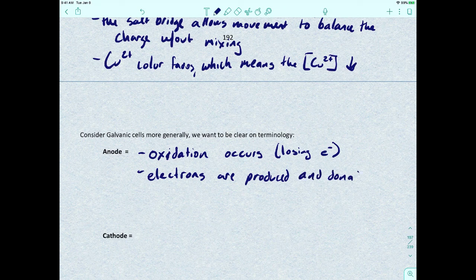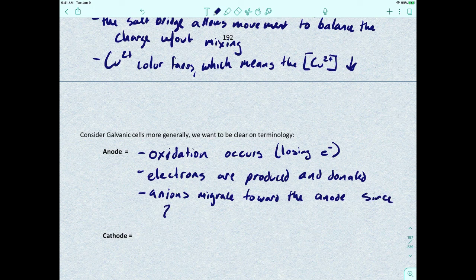The anions migrate towards the anode, since zinc 2 plus is there, and it has a negative sign.